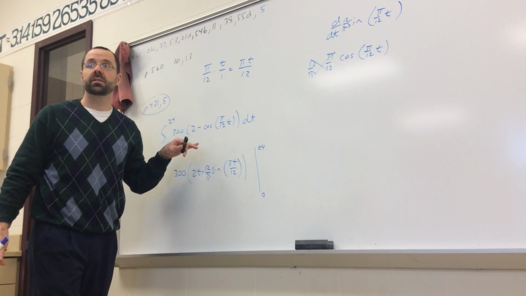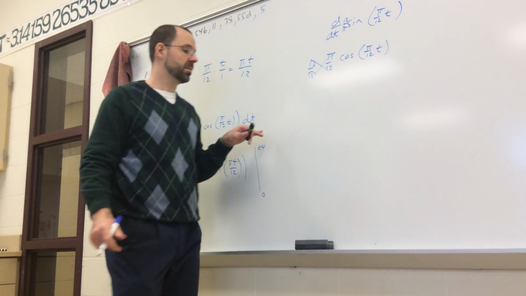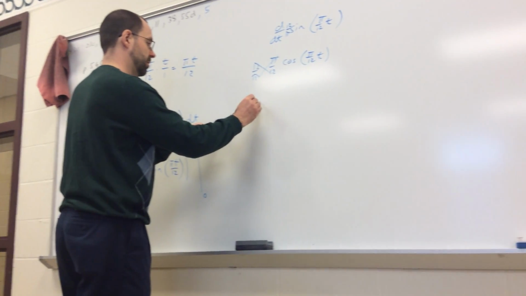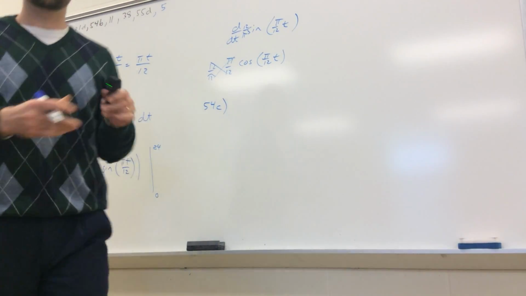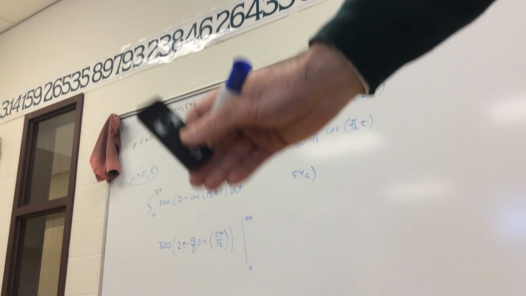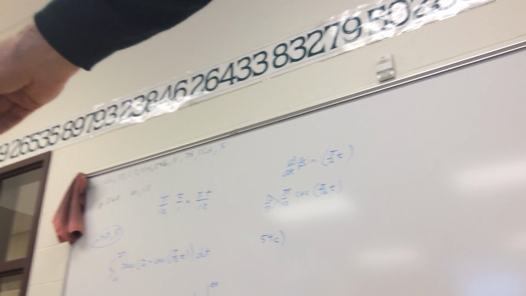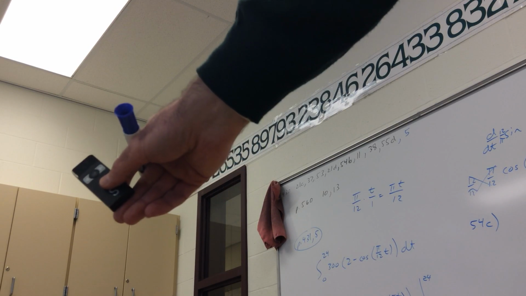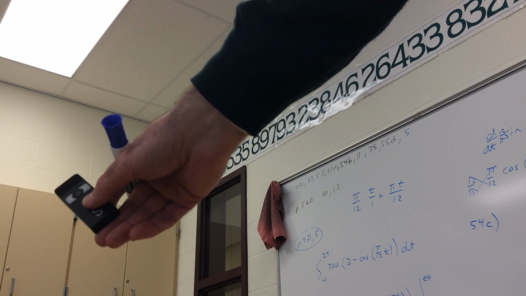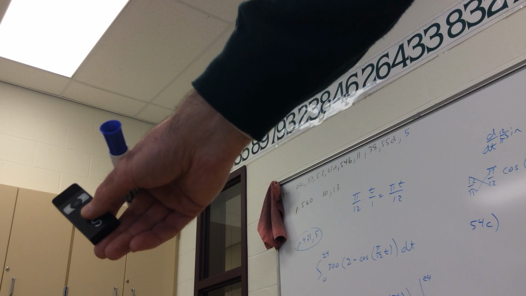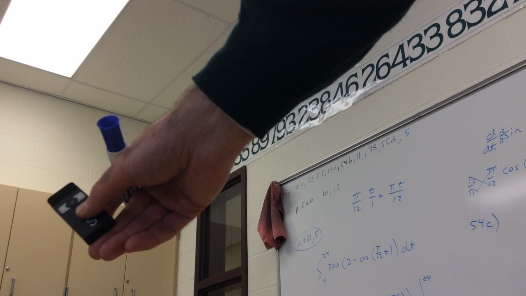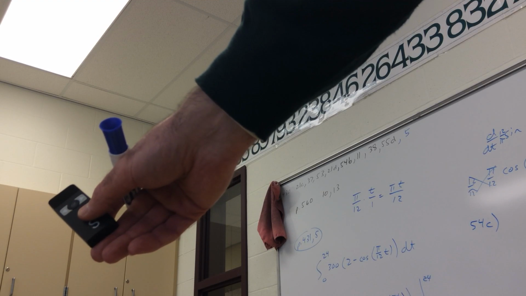Corey, you're up. 54C. Okay, so the idea here is that you get charged 5 cents for each hour that you're 1 degree above 78.